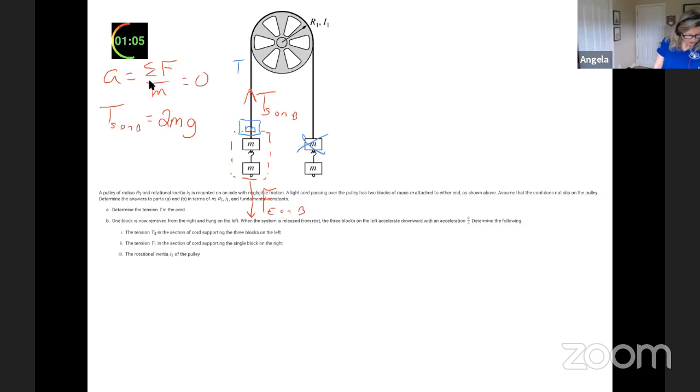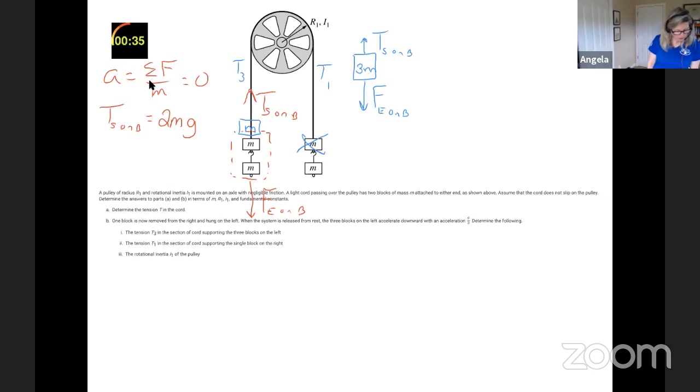So I guess what we'll do is put another block here of mass m, and then get rid of that block. And they want us to find the tension. They're calling this tension 3, and they're calling this tension 1. Okay, so let's draw a force diagram. We've got 3m, and the 3 blocks are accelerating downward at an acceleration of g over 3. So the force of the earth on the blocks should be bigger than the tension of the string on the blocks.